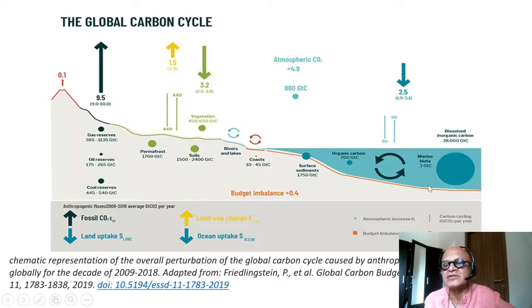So ocean has certain pools like the marine biota and the organic carbon, and then deeper ocean has much more massive pools like the dissolved inorganic carbon of 38,000 gigatons. So this is where I said if you do the residence time by dividing it by the flux of 2 gigaton per year or so, you get very long residence times, or 0.2 gigaton per year, for example.